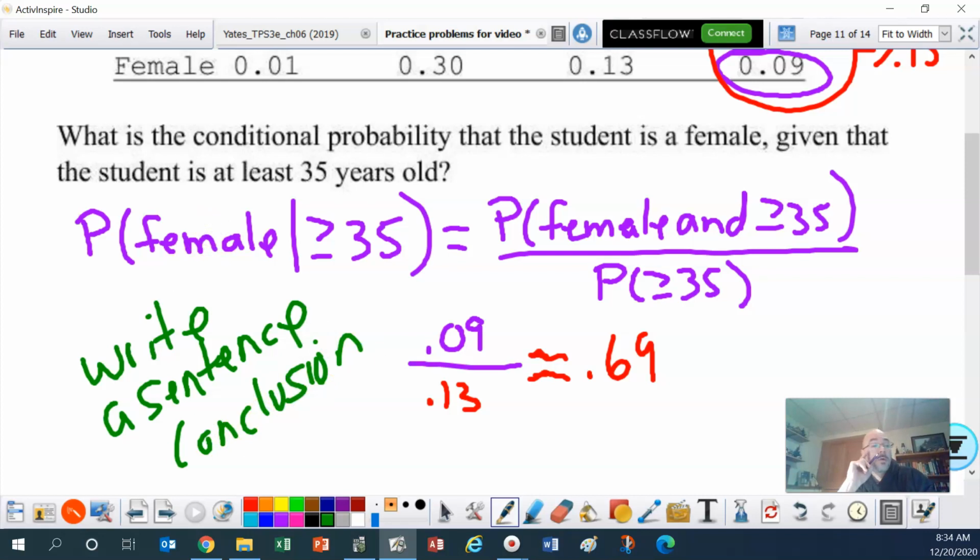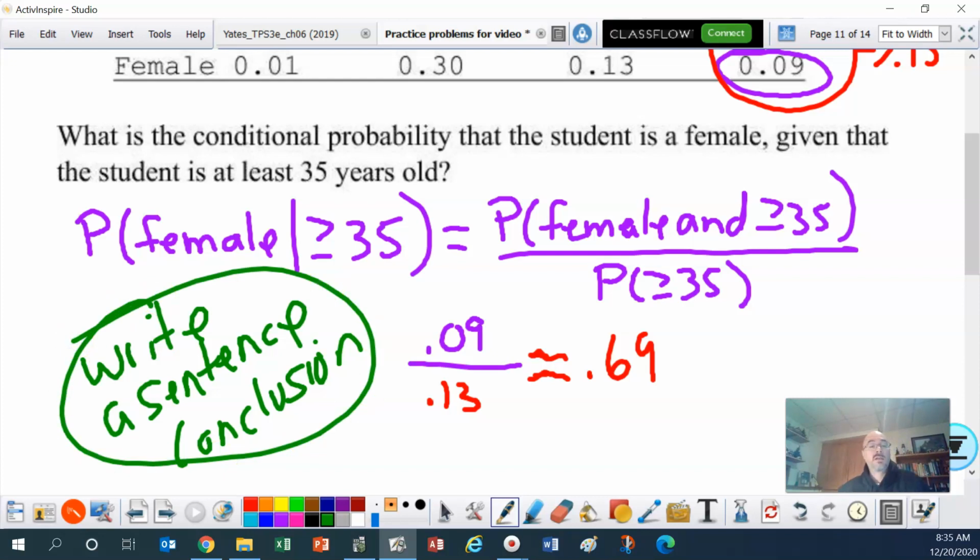Always be writing a sentence conclusion. So we would say there is about a 69% chance that if the student is at least 65, that they're female. You need to write a sentence conclusion. I'm not going to do that to save a little bit of time because I'm already past 30 minutes and I have several more to go. All right, moving on.